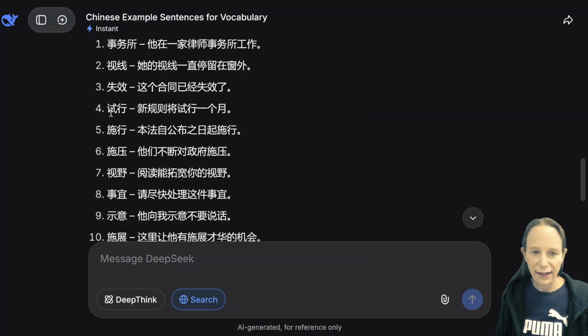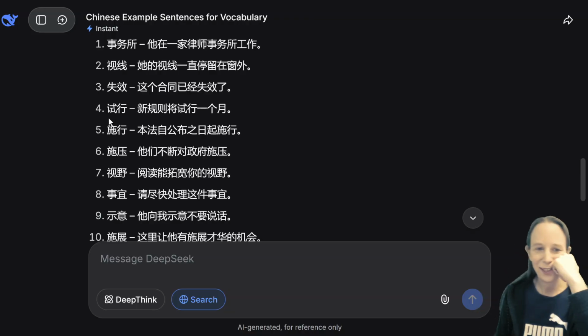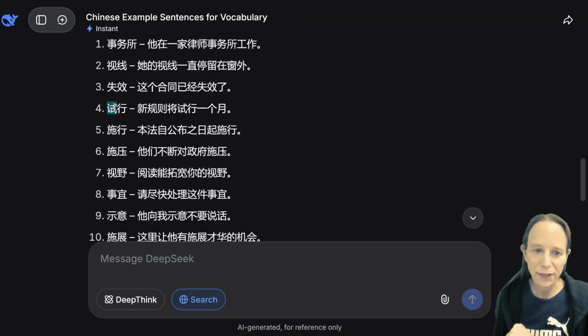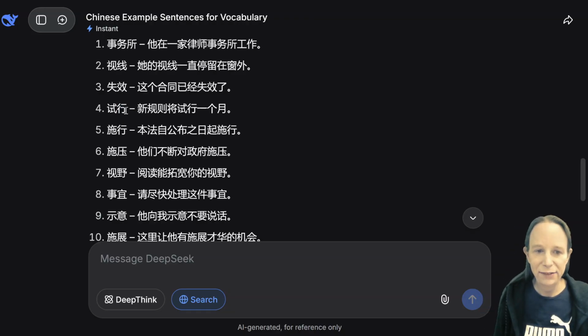All right. 实行. This is one of the ones I'm not going to be able to get immediately, but 试 is to try. 行 has a few meanings. Probably it's like a trial run or something like this. 行 can pertain to operations. 新规则将试行1个月. Okay, so the 将 is future tense.